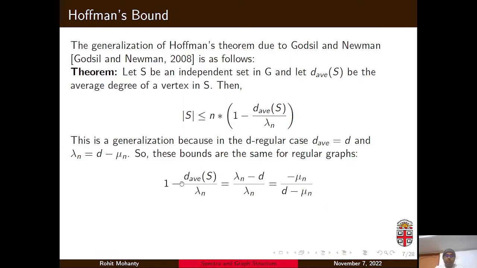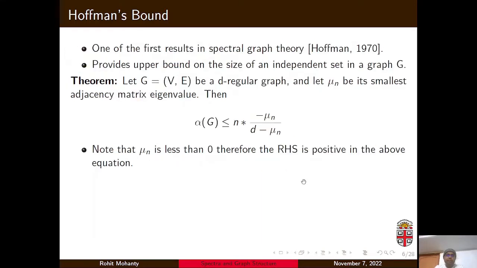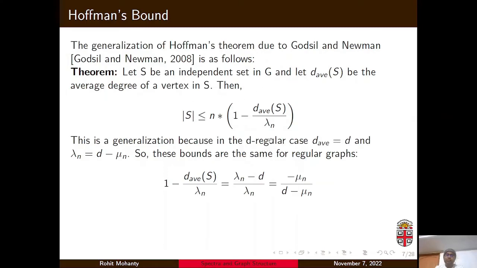Taking lambda n to the numerator and replacing d average by d, this value is equal to negative of mu n, and the denominator is equal to d minus mu 1. So this is exactly the same as the d-regular case of Hoffman's theorem. So we can derive the special case from the general case.